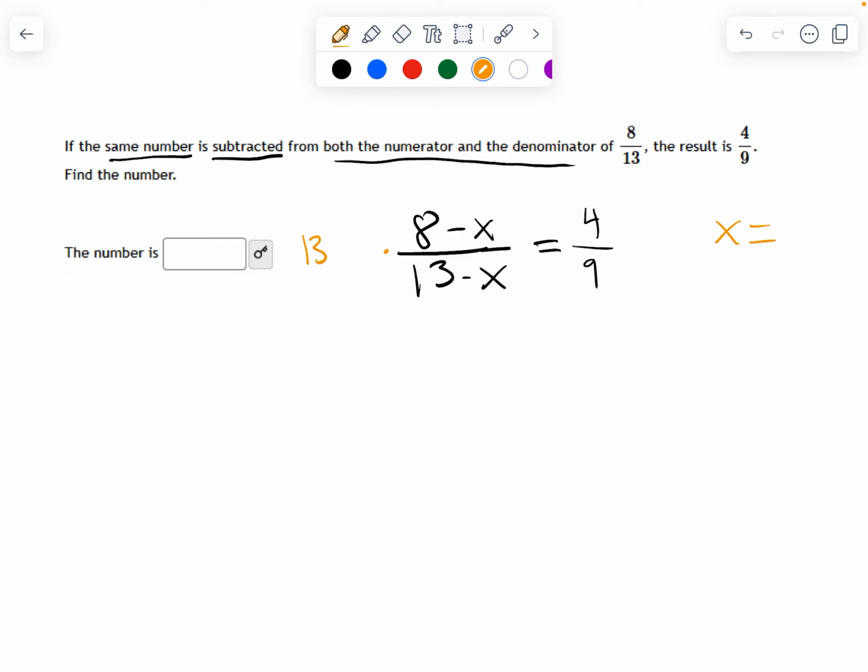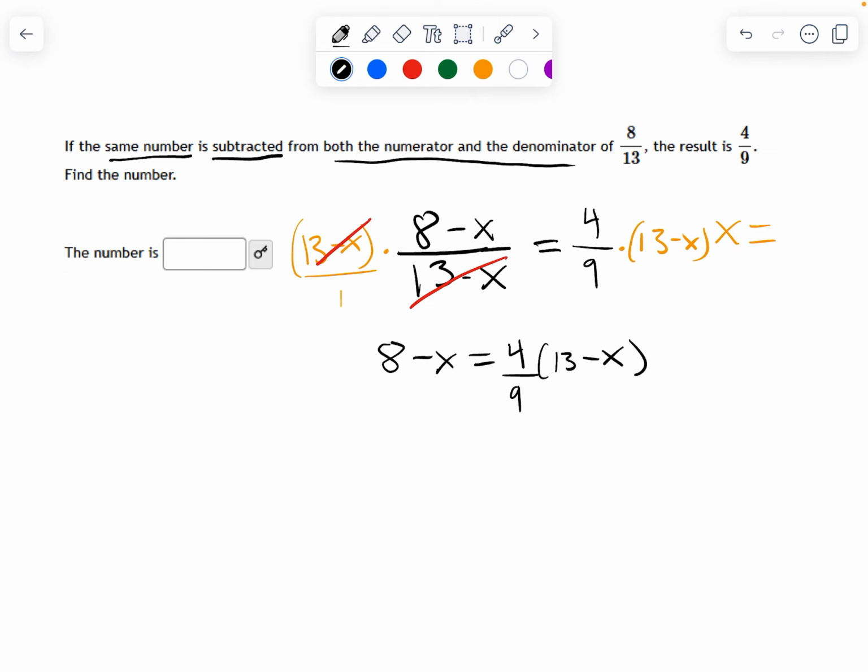So multiply 13 minus x, both sides. So that's technically an over 1, so now we have the same thing top and bottom, so those will cancel, leaving us with 8 minus x equals 4/9 times 13 minus x.